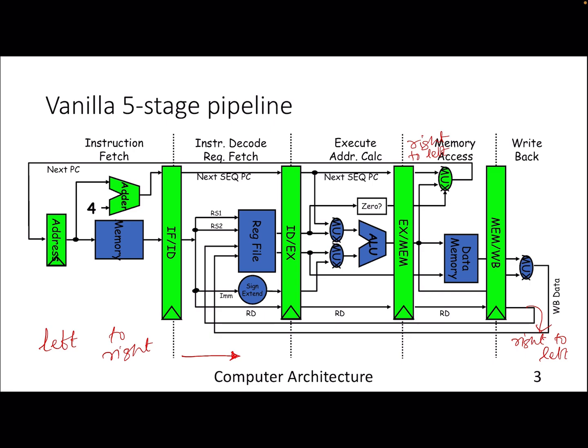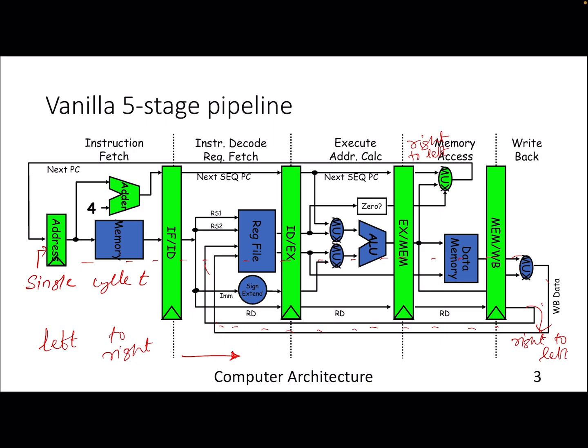The very first stage of the pipeline, as we have already discussed the different stages in a single cycle CPU, though the notion of stage was not there because everything was happening in one single cycle. In a single cycle CPU, you start, let's say at time t, on a positive edge, you start doing the entire stuff and then get the data back.